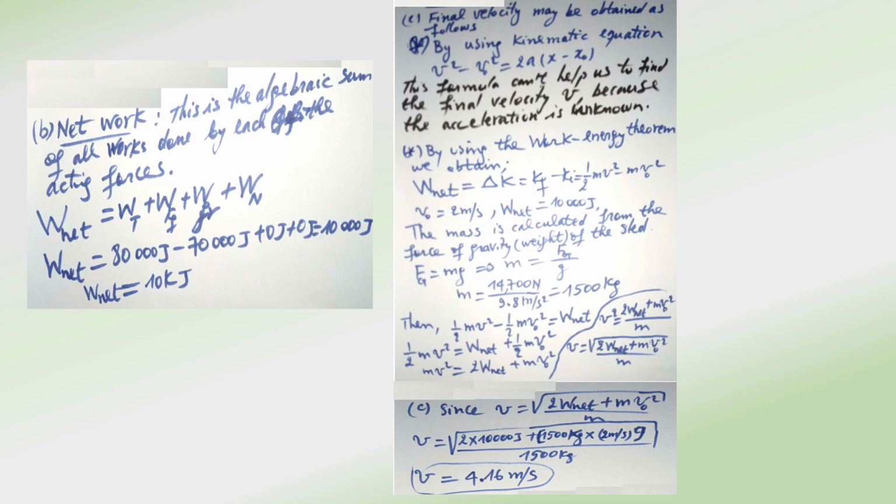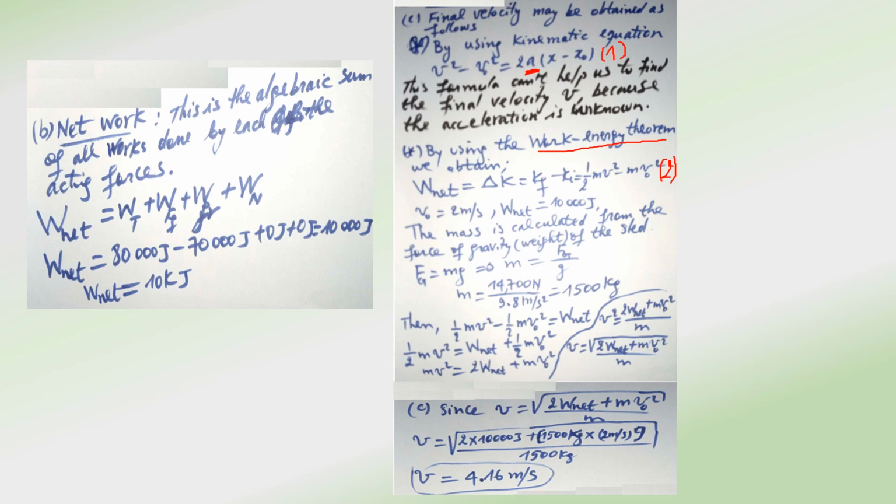This is the first relationship, between the distance moved, acceleration, and the velocity. This formula cannot help us because the acceleration is unknown. Since the acceleration is unknown, we can look at a second equation that can help us determine the unknown. This equation comes from the work energy theorem.